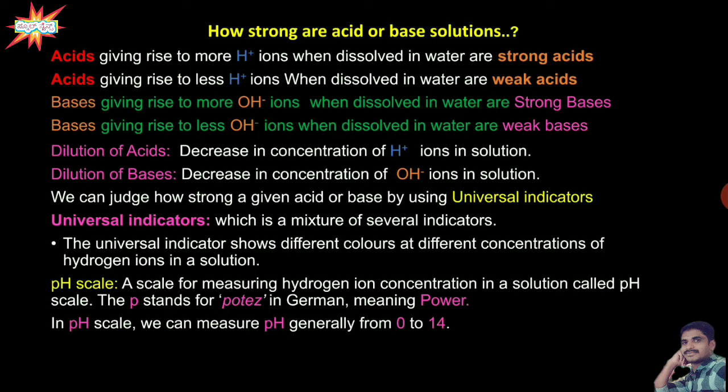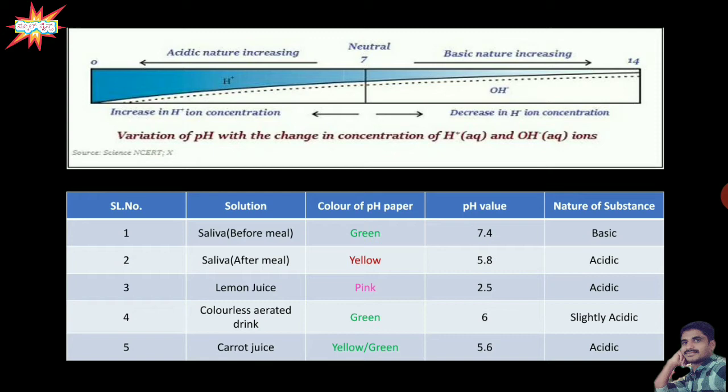Next, this picture indicates the variation of pH with the change in concentration of H+ and OH- ions. Look at the picture. It starts from 0 to 14.